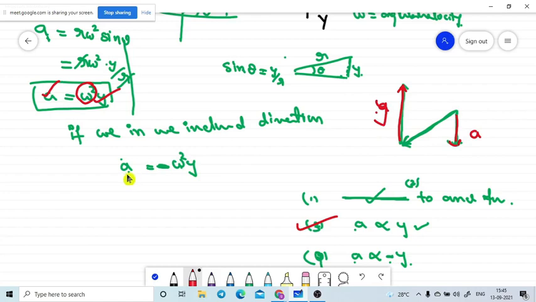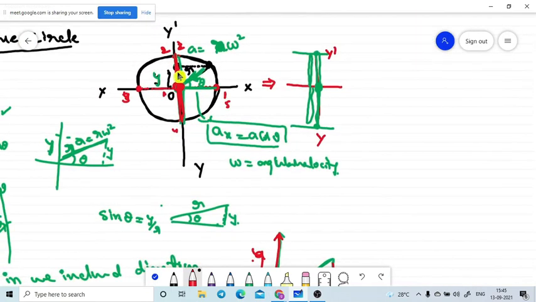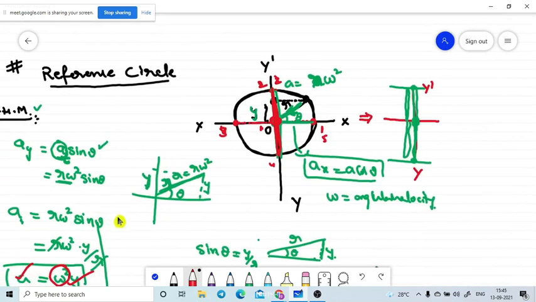That's why acceleration is equal to minus omega square y. So all conditions are obeyed. Then we can say that the position of the particle on the y-axis will execute simple harmonic motion. That is our explanation.